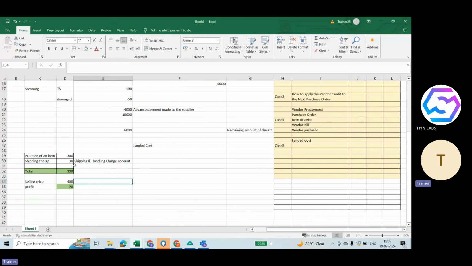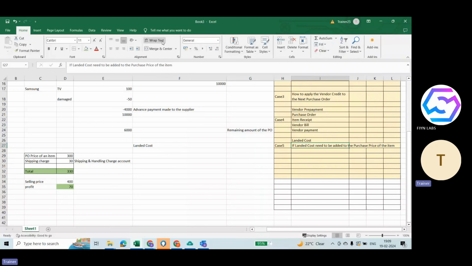So if I say it this way, how many scenarios came up that we need to see as part of the procure to pay cycle? One, what is landed cost? Then the standard flow is that landed cost needs to be added to the purchase price of the item.